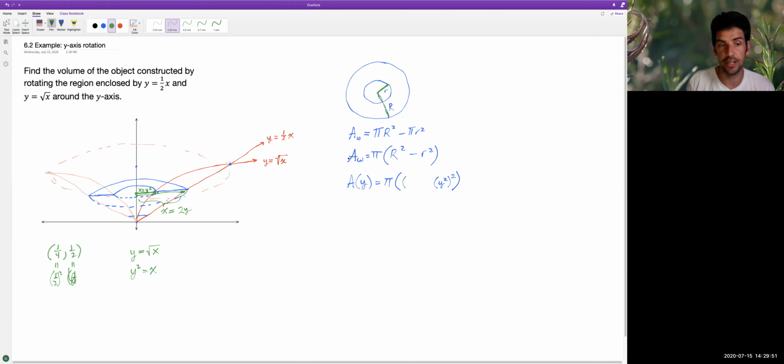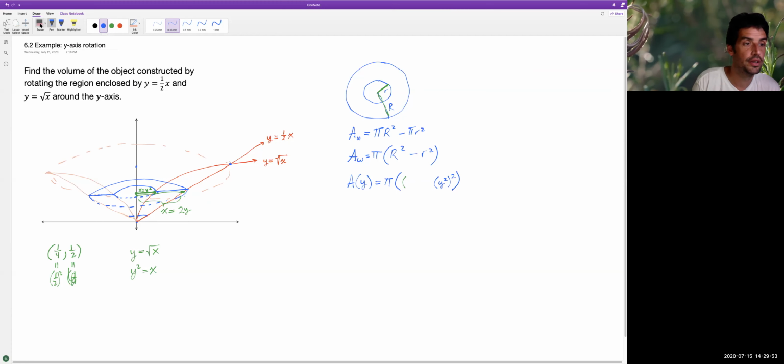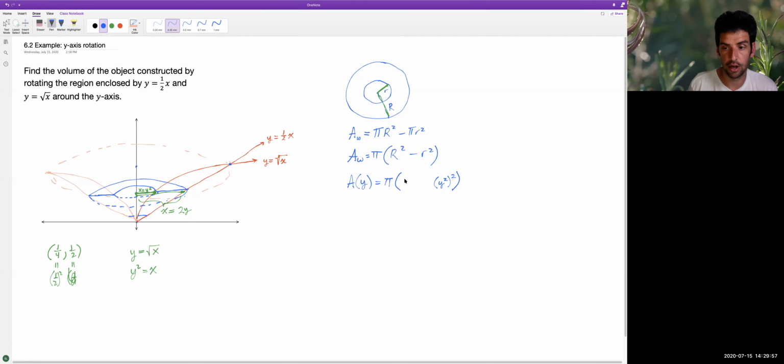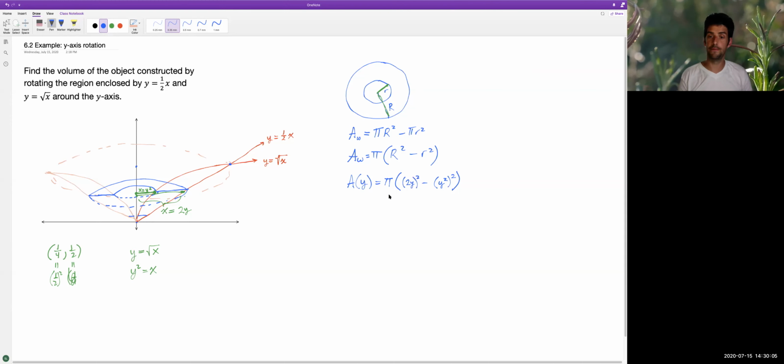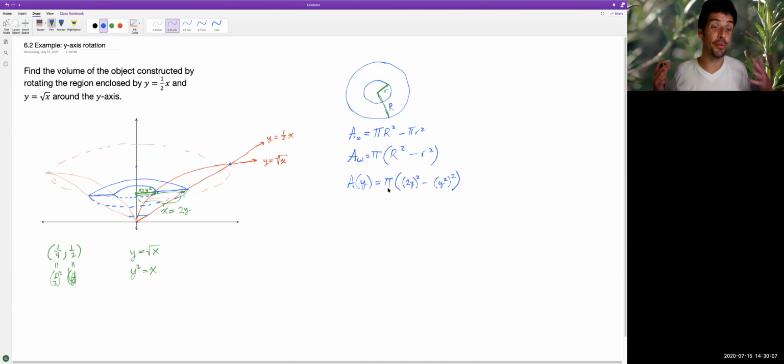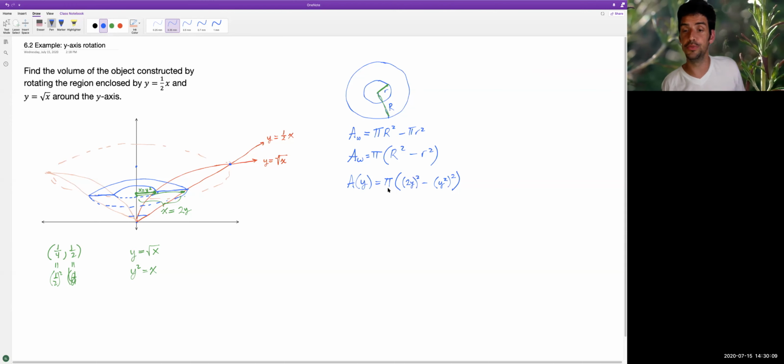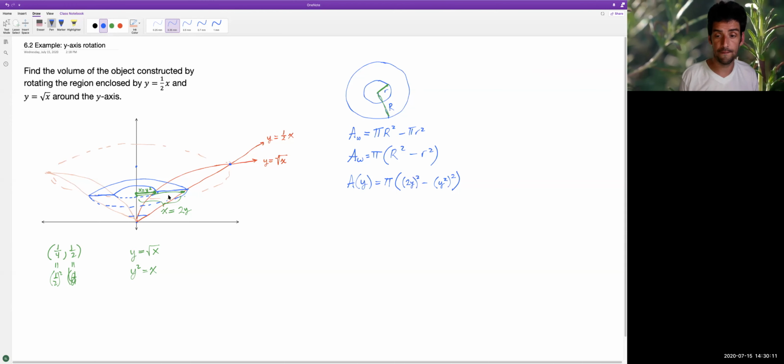So this big radius, capital R, is going to be 2y, and then we're squaring it, okay? So there's our area function, but we're now doing it in terms of y.